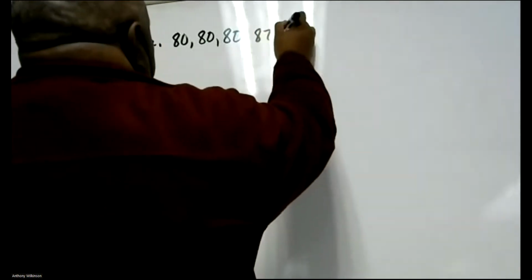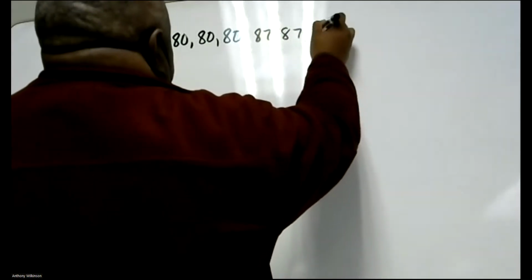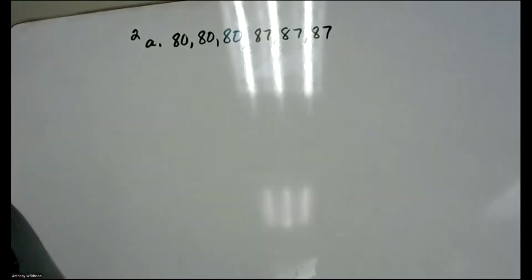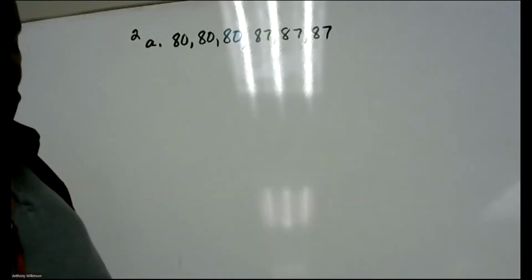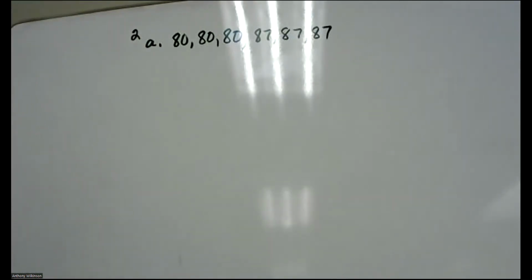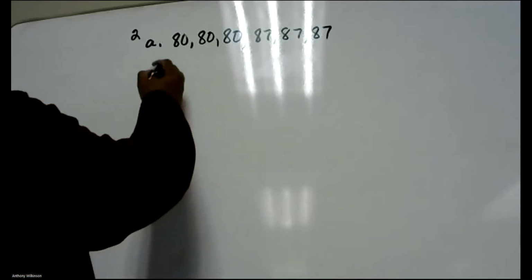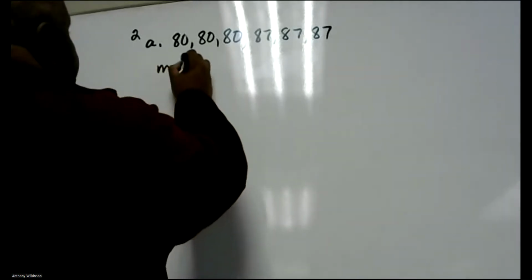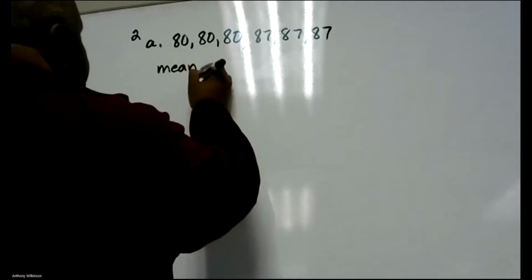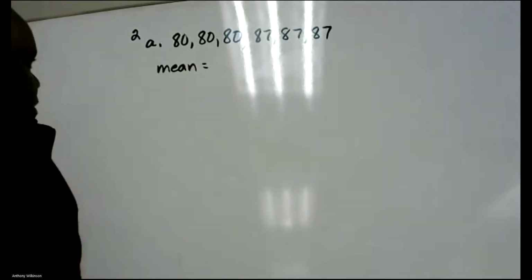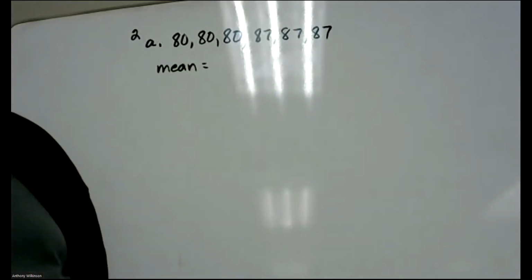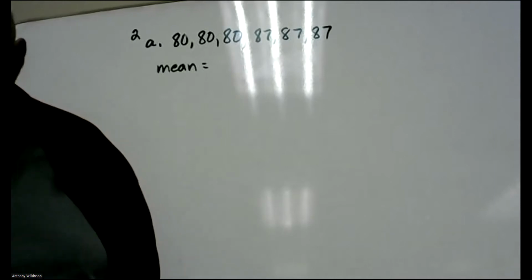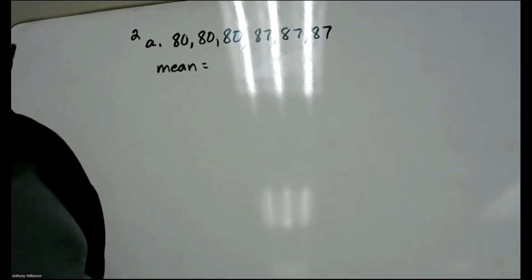So 87 three times. And then we're going to find the mean, median, and mode for the test scores. Well, the data set's already in numerical order from least to greatest, so we can go ahead and find the mean, median, and mode for that data set.